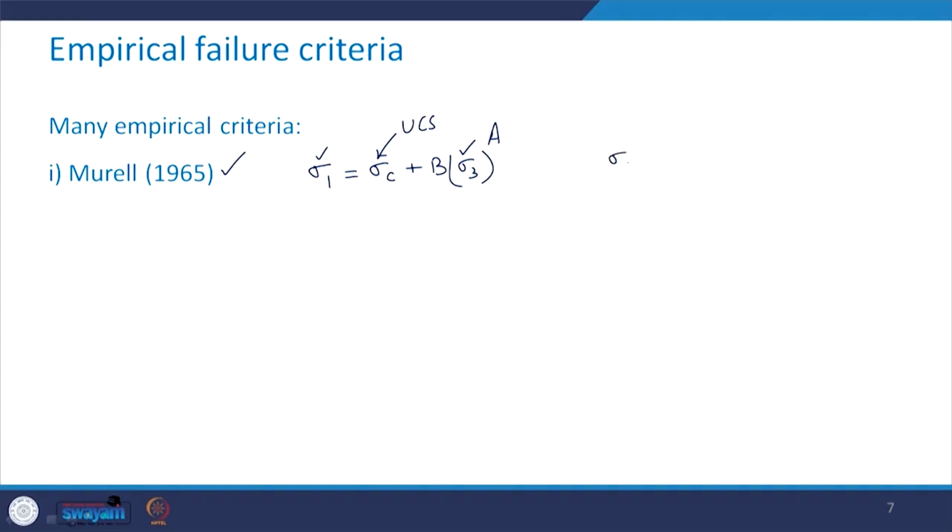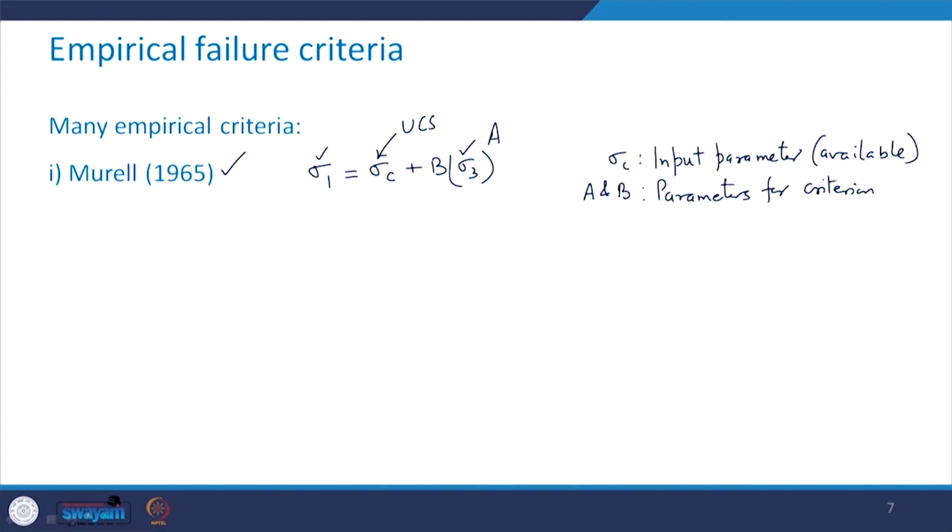That means sigma c is an input parameter which is already known to me. So what are the unknown parameters? These are a and b, which are the parameters for the criterion. So I need to obtain these.